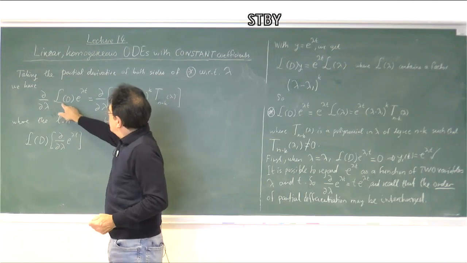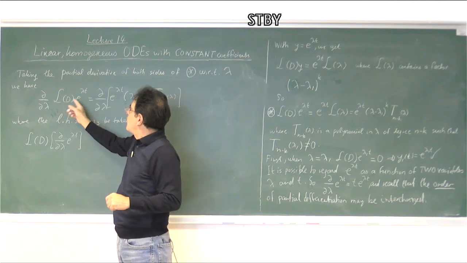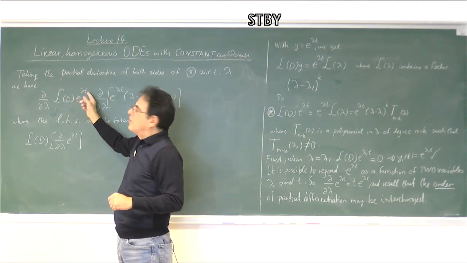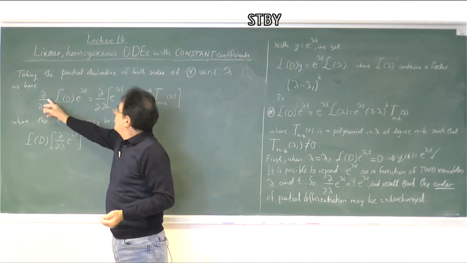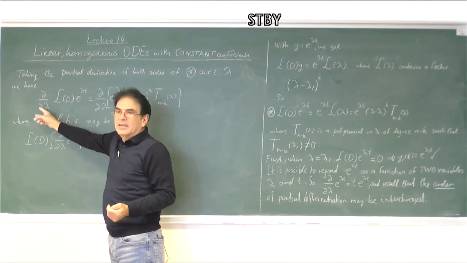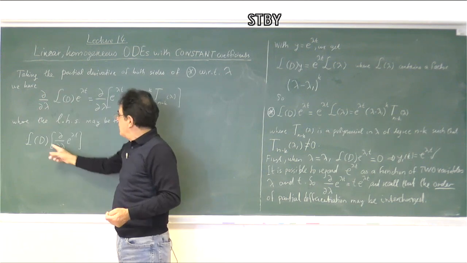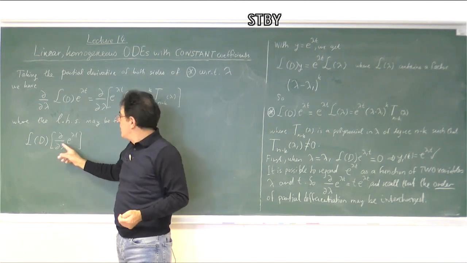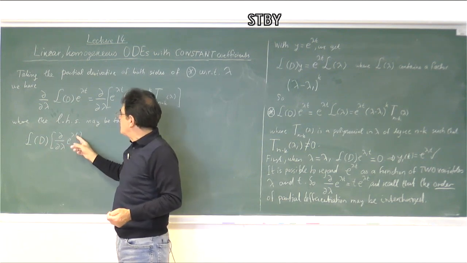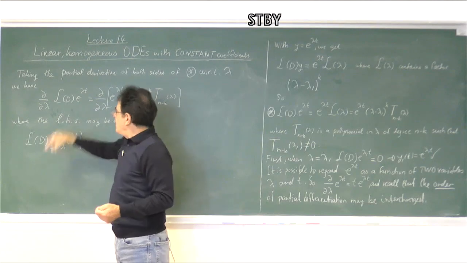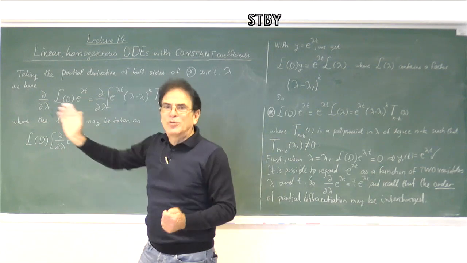So usually left-hand side, first look, L of t e to power lambda t. We are going to take the derivative of e to power lambda t with respect to t up to order n. And then we take the partial derivative of the result with respect to lambda. But with this formula, first we take the partial derivative of e to power lambda t with respect to lambda, and then take the derivative of the result with respect to t up to order n.